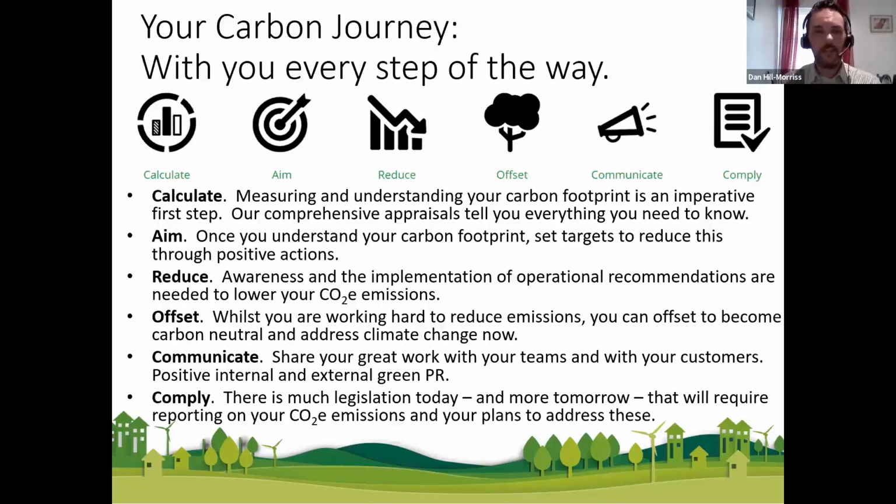So that's the calculation. After the calculation, of course, we look at setting targets and objectives and ways in which we can target and reduce those footprints. And Mark already touched on some of the things that we got under the skin of with the Express 200 product.